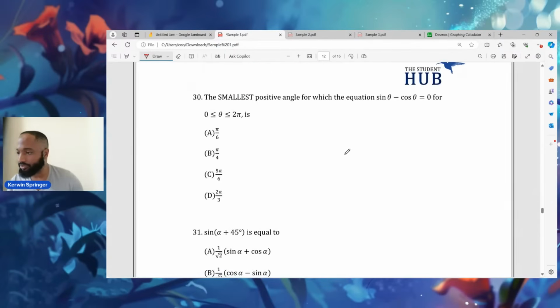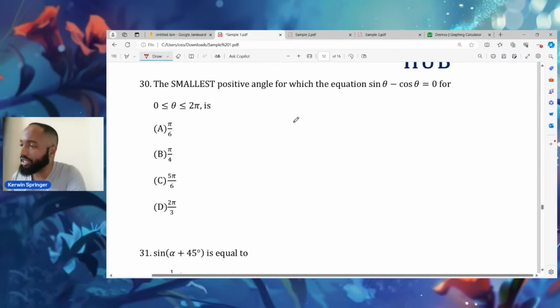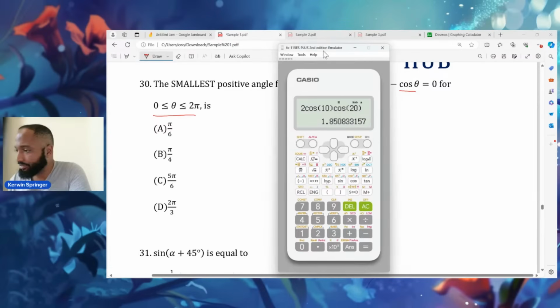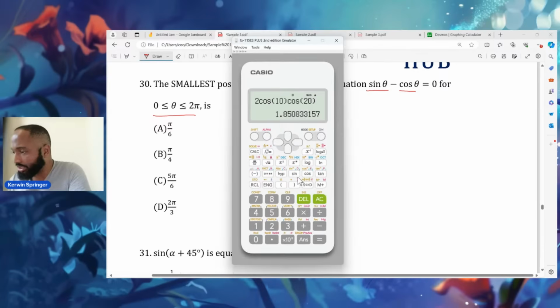Yeah, you get formula sheets. The smallest positive angle for sine theta minus cos theta to be equal to 0 is... we could literally substitute and check. So I could say sine of... we put this solely in radians.